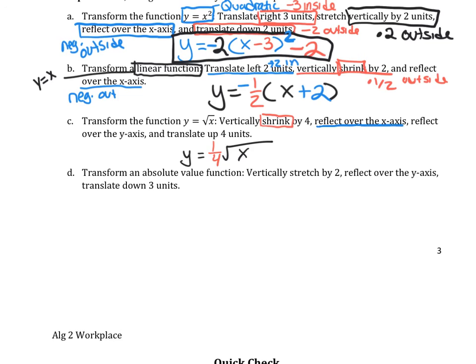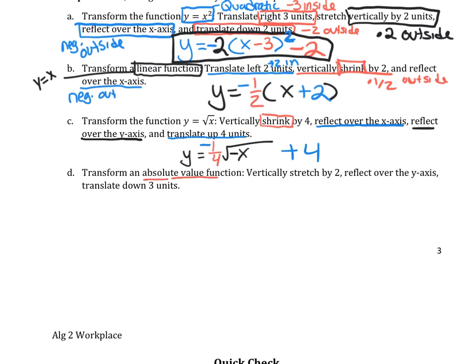Reflect over the x-axis is a negative on the outside, and reflect over the y-axis is a negative on the inside. And then translate up 4 units means we would add 4 outside of the square root symbol. Make sure that it's very obvious that that plus 4 is not underneath the square root. Any questions on C?